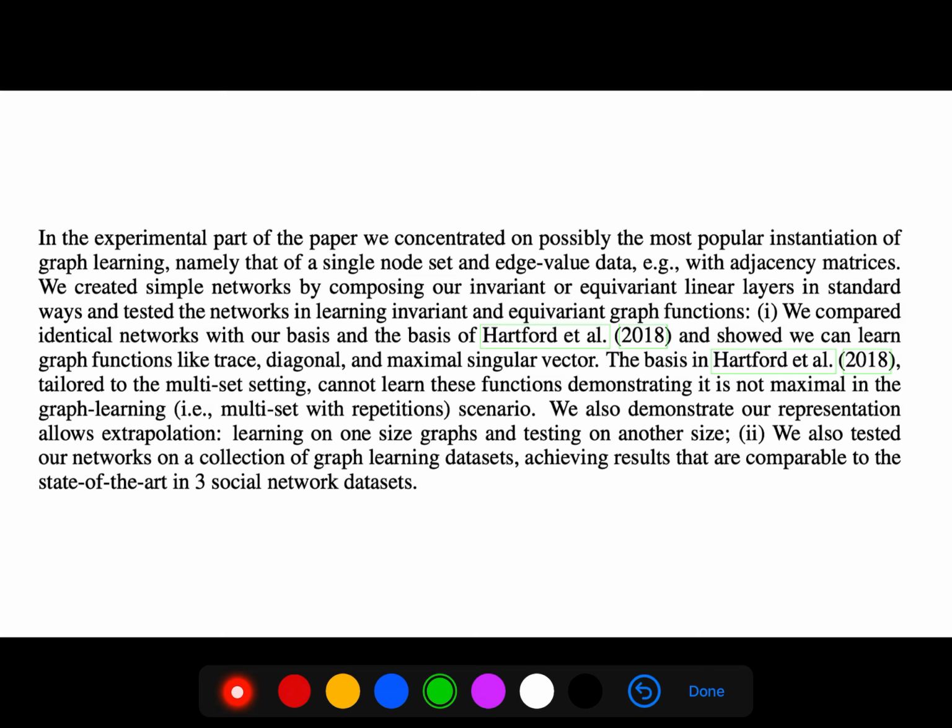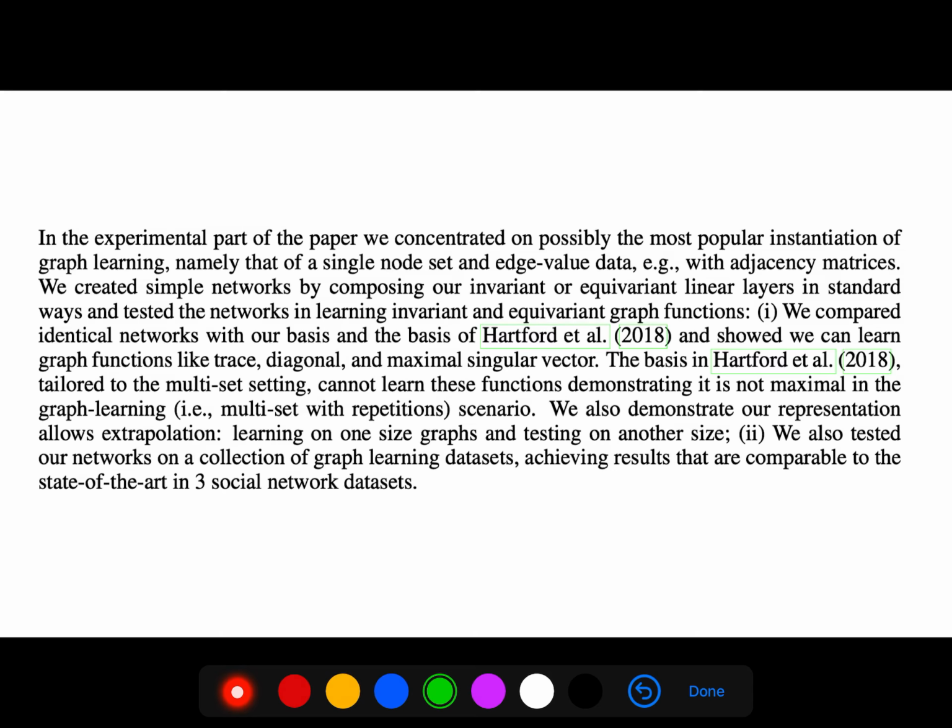So in experiments, they concentrated on possibly the most popular instantiation of graph learning, namely that of a single node set and edge valued data, for example, with adjacency matrices.